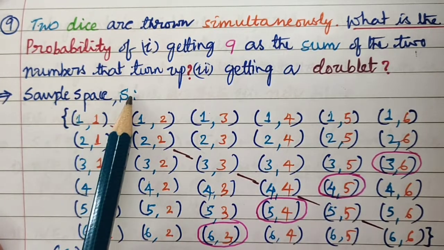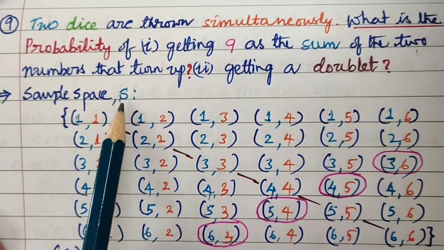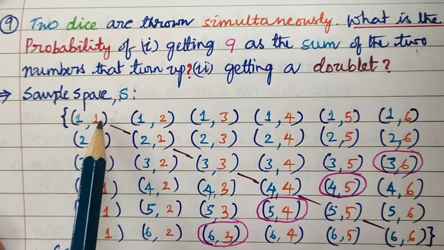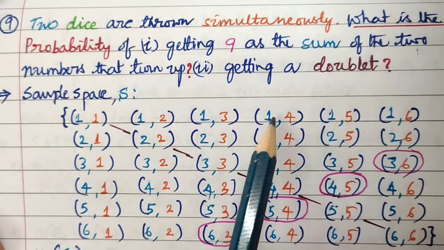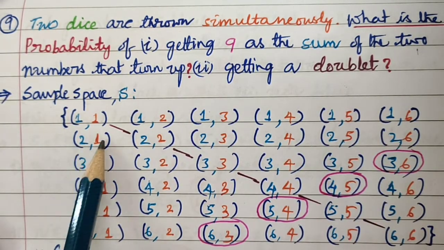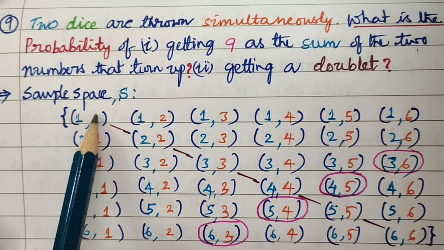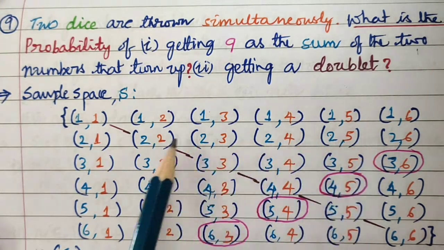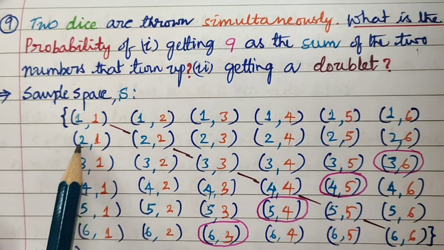The sample space S, when we throw 2 dice, the upper faces may be 1 1, 1 2, 1 3, 1 4, 1 5, 1 6, or 2 1. This is the first dice and second dice thrown simultaneously. These are all possible outcomes.